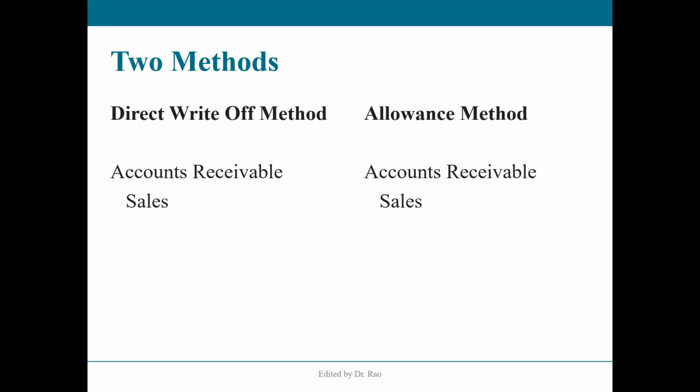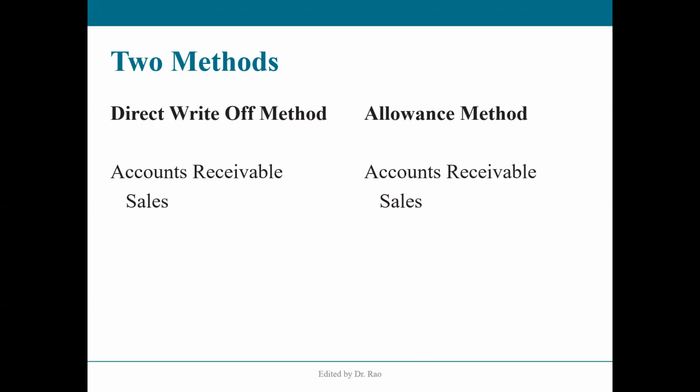In both cases, our journal entry that gives rise to the accounts receivable is based on the sale of goods or services, accounts receivable debit, sales credit. Now, in the direct write-off method, until I find out for sure that my customer is not going to pay me, I keep the receivables in my books. So I could have 30 days credit, 90 days credit that I've offered my customer.